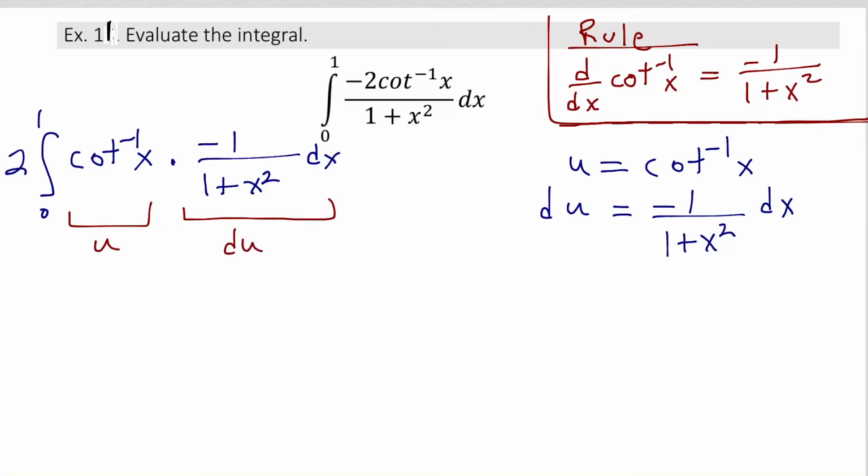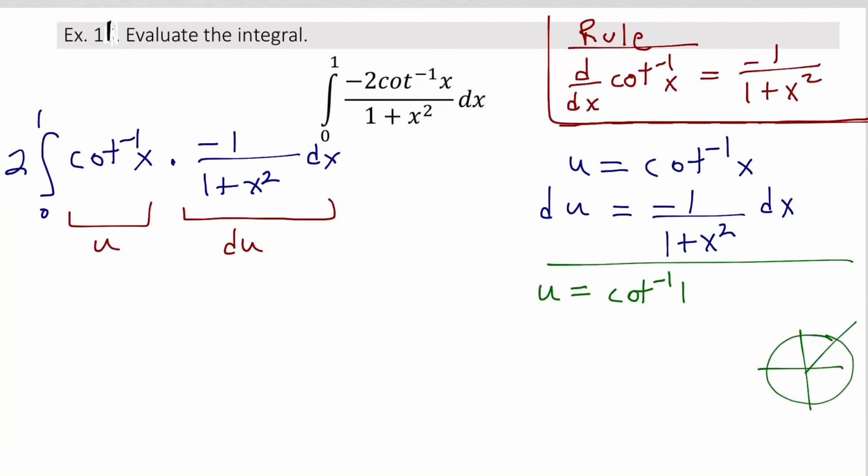Now I need my limits of integration. So for the upper limit of integration, in terms of x, it's 1. So I would put 1 in here and calculate u. So that would be the inverse cotangent of 1. So that's the angle whose cotangent is 1.